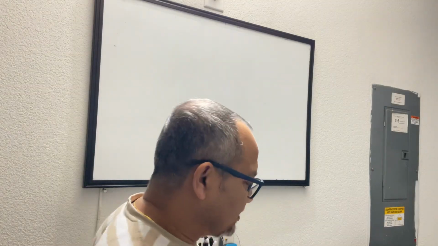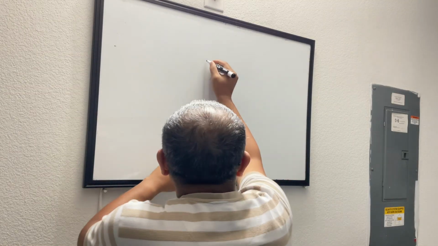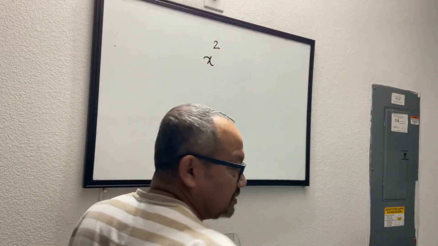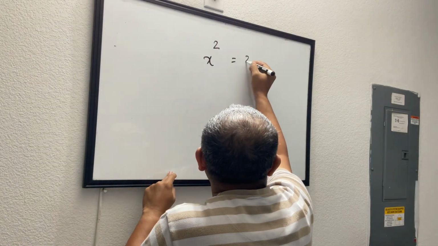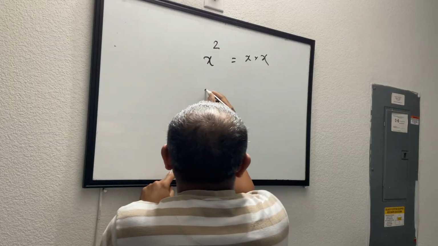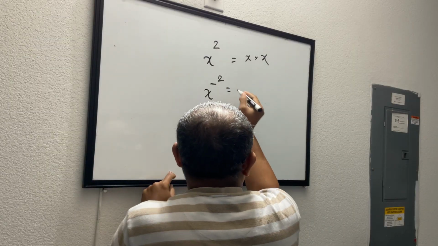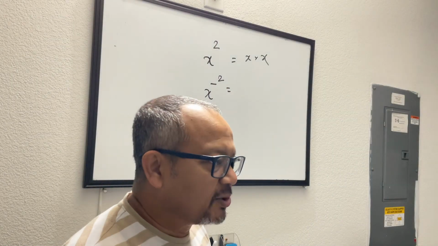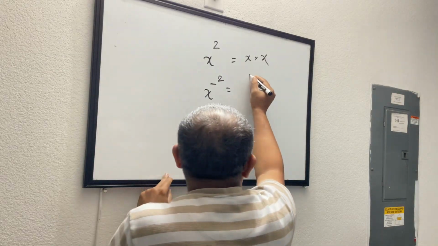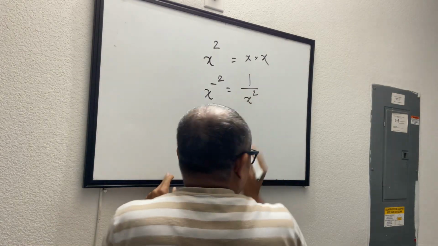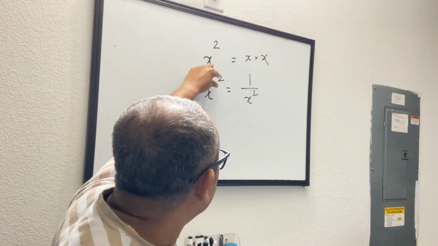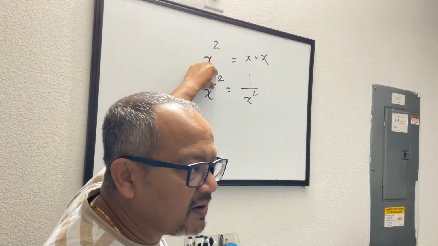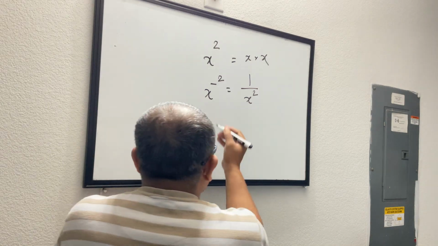There are two things that we come across. Let's say if I have x to the power 2, we know it's x into x. If I have x to the power minus 2, this is what we have learned as part of exponents, that it becomes 1 over x to the power 2. Correct? So this power that you see is an inverse power, a negative power, a negative exponent.